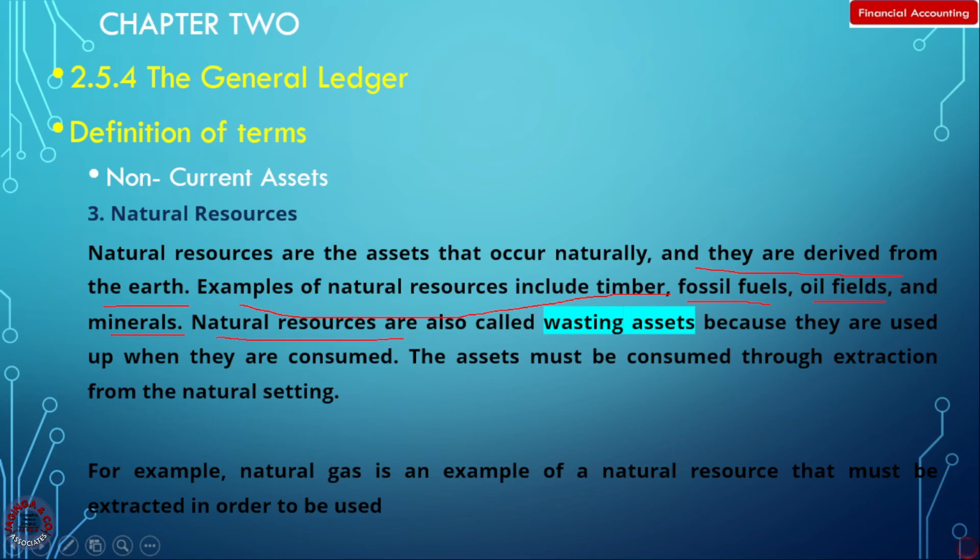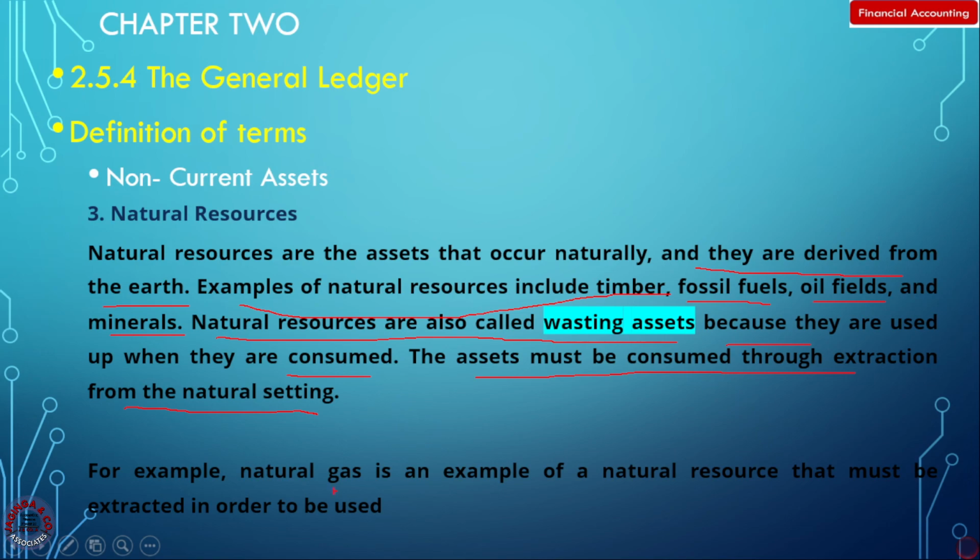Again, we are saying natural resources are also called wasting assets because they are used up when they are consumed. Oil fuels, when we consume them, we waste them. Timber, when we use, we are wasting them, so we call them wasting assets. The assets must be consumed through extraction from the natural setting. I think this one is self-explanatory.